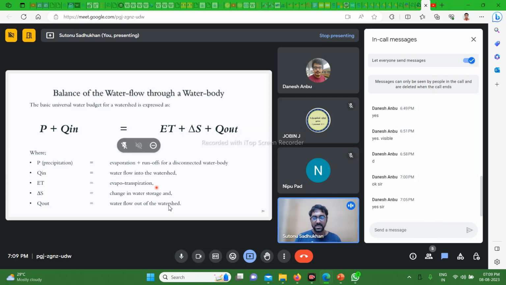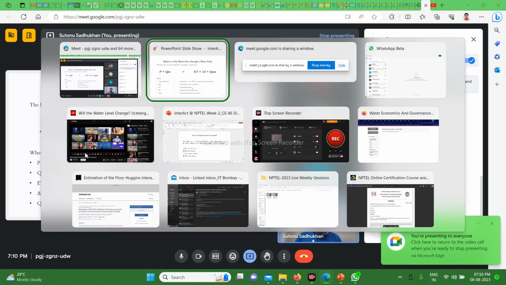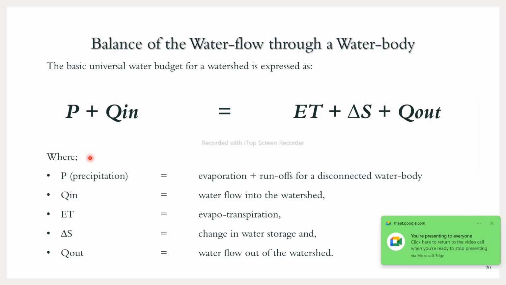It is nothing but the mass balance equation. Even if you have not studied the equation, you can solve the problem, but then you have to think, and more time is required to solve the problem. Okay, so we'll continue.